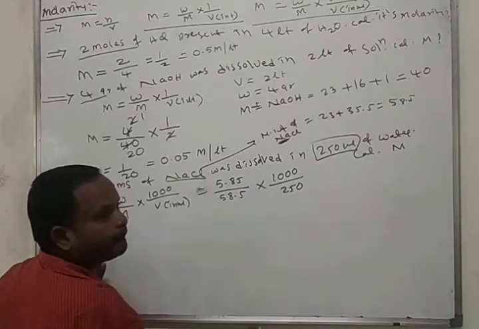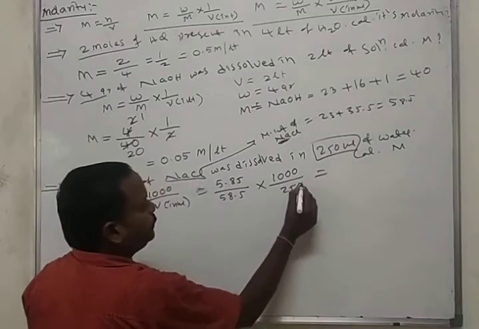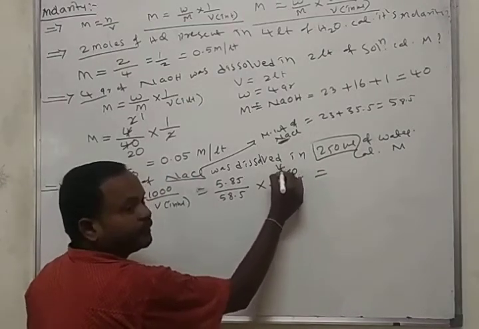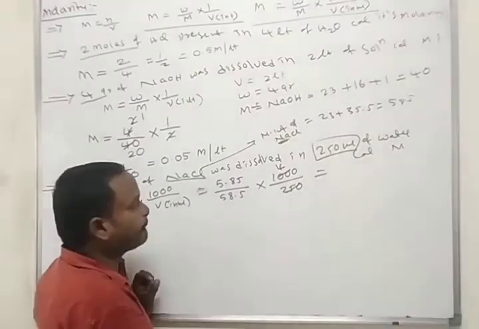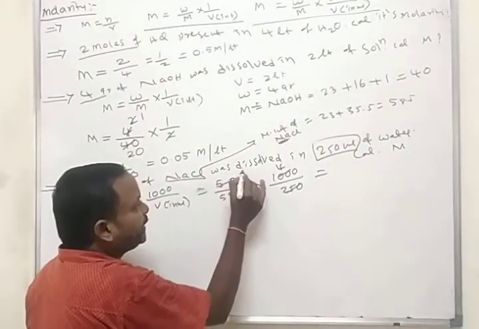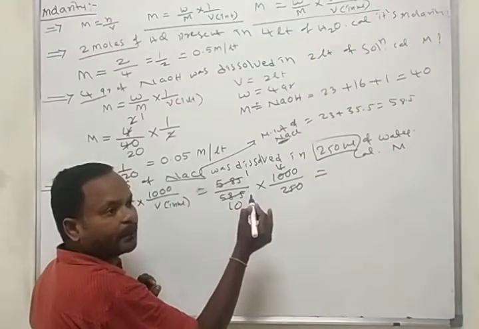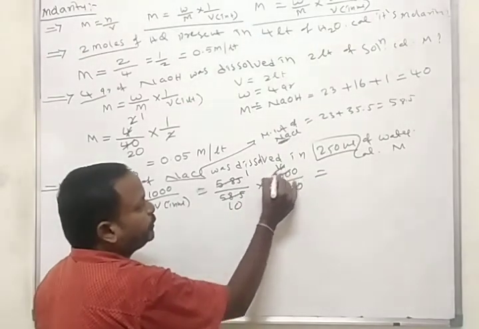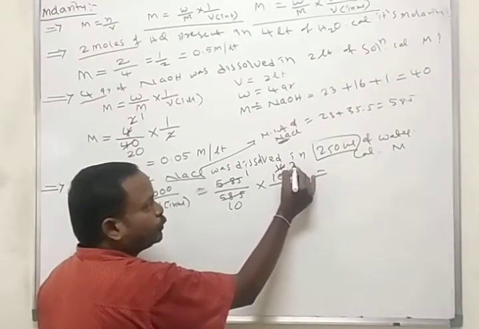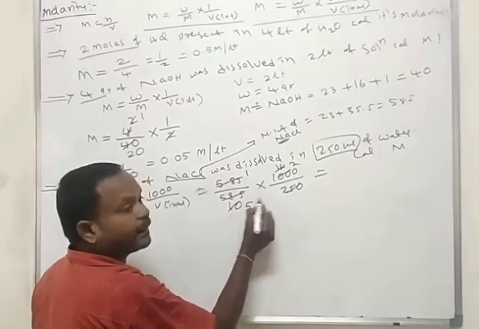250. Here 250 ones are 250, fours are 1000. Here 5.85 ones are 5.85, tens are 58.5. Next, here 2 twos are 4, 2 fives are 10.